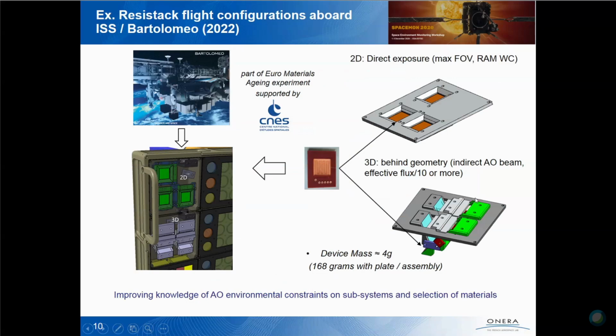In the second, 3D configuration, we will have two other detectors monitoring indirect AO beam. By indirect, I mean the direct beam will be reflected by selected target materials, and the point is to investigate the geometrical effect and monitor the secondary AO beam.